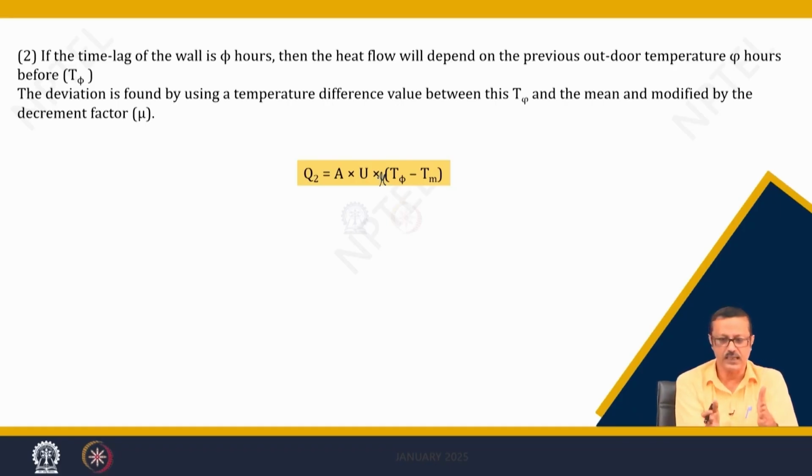That has to be taken into account. Now these two, Q1 and Q2, have to be added, and this is a time dependent calculation. After 5 hours the temperature is T phi, and that T phi is the sol-air temperature of the outdoor surface, and how much it is deviated from the mean, that I have to compute.